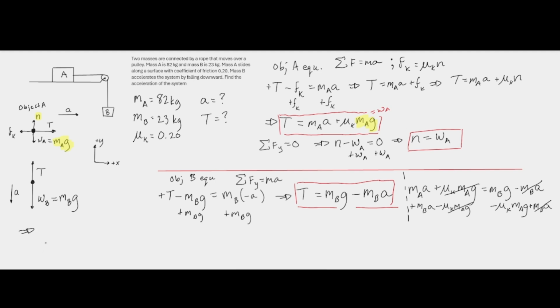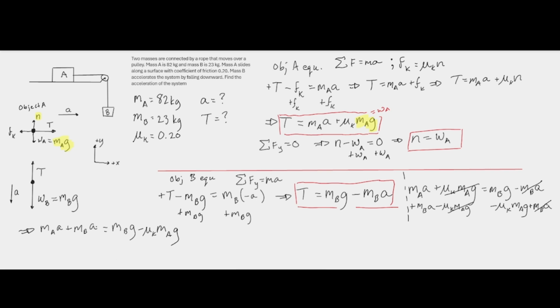So the left-hand side becomes the mass of object A times the acceleration of the system plus the mass of object B times the acceleration of the system, which is equal to the mass of object B times gravity minus mu sub k times the mass of object A times gravity.